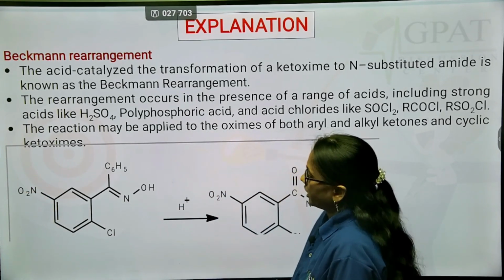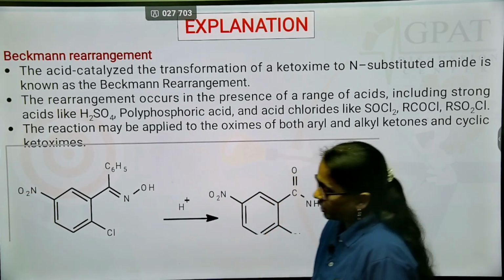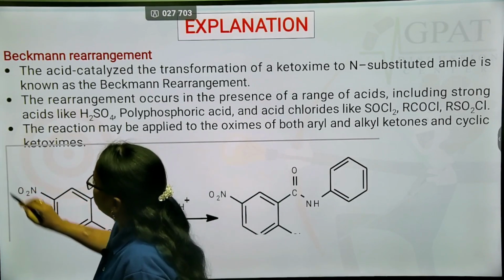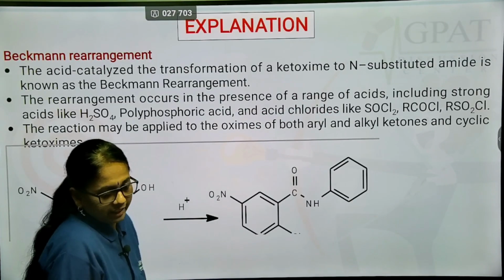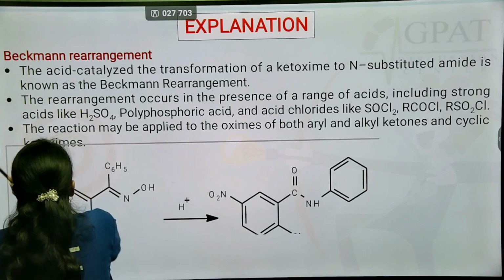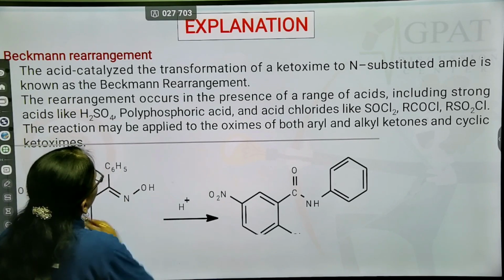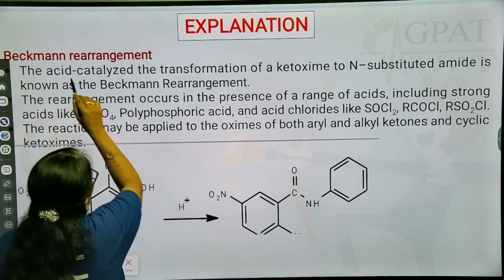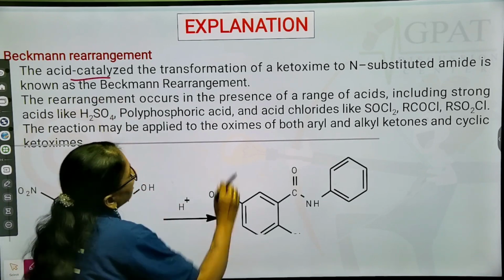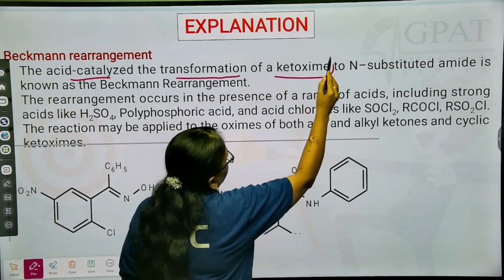You are going to study this reaction as a Beckmann rearrangement. In this Beckmann rearrangement, you are going to see acid catalyzed reactions. Whenever acid is present, the transformation is going to take place. The acids cause the transformations of the ketoximes.